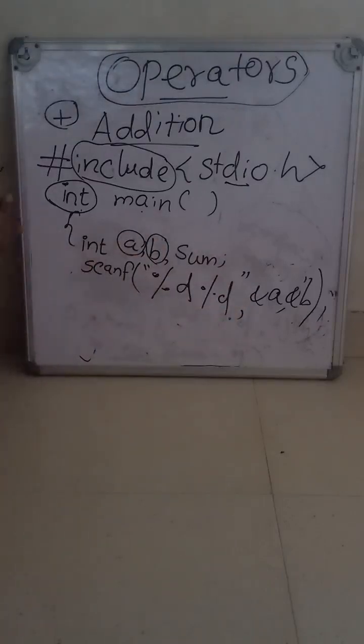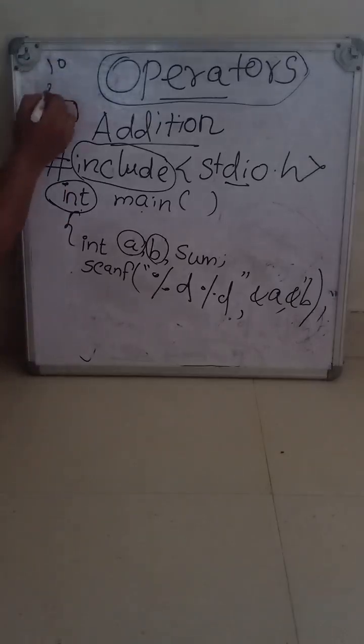Now what is the compiler going to do? After running this file, it is going to read the value of A and the value of B from the user. So now it is not working for 5 and 4 alone. If I give the first value as 6 and the second value as 4, it works properly. Or if I want to give different values like 10, 20, then it is also going to work.